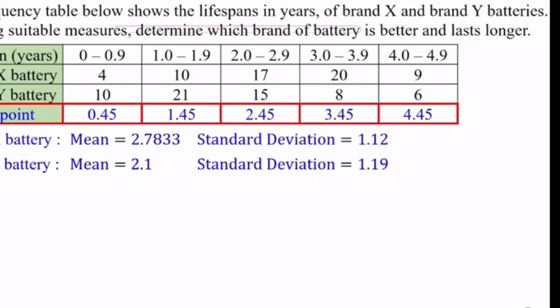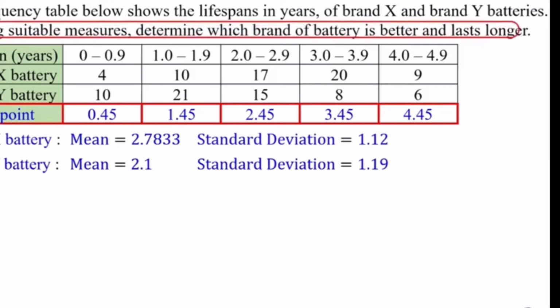So it seems like the standard deviation for the brand X battery is 1.12, which is smaller than the standard deviation for the brand Y battery, which is 1.19.